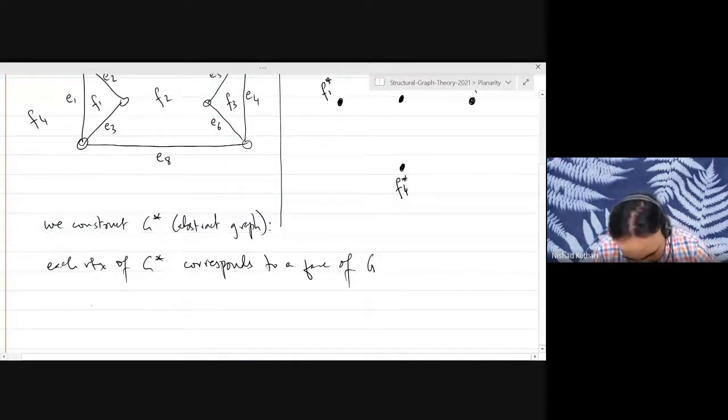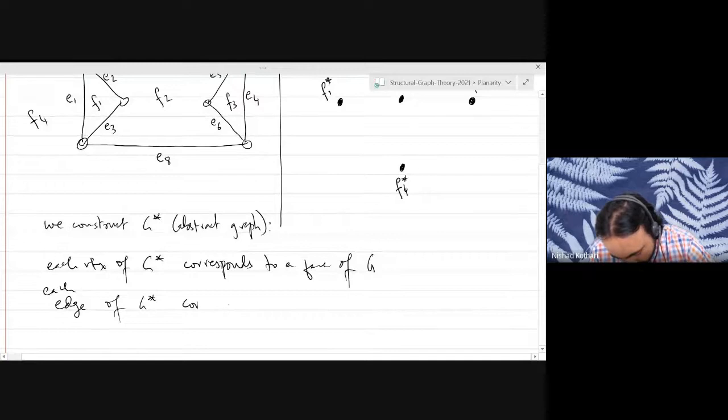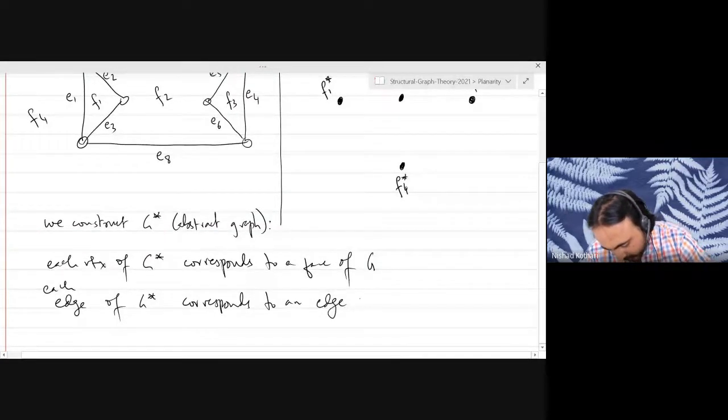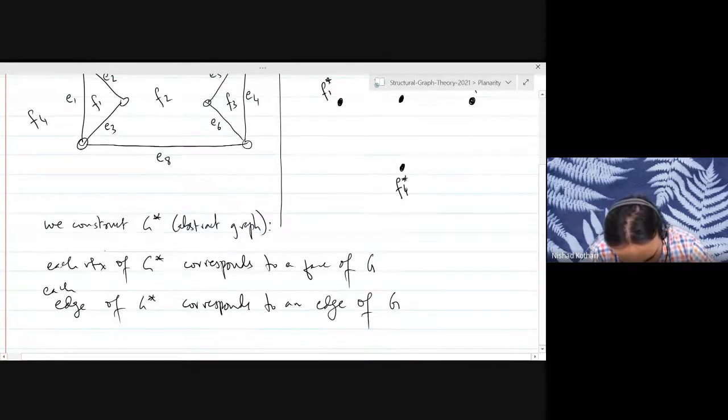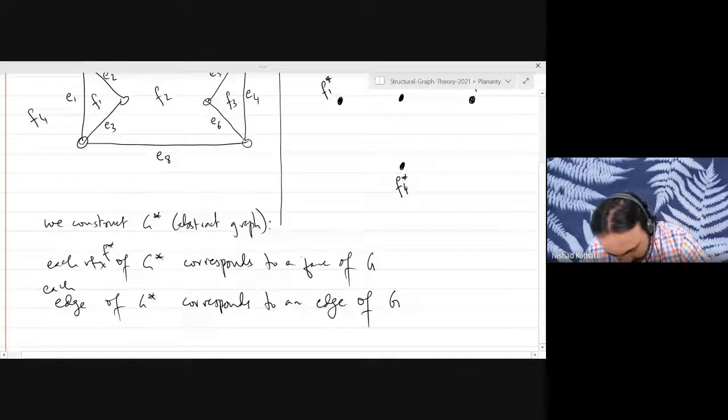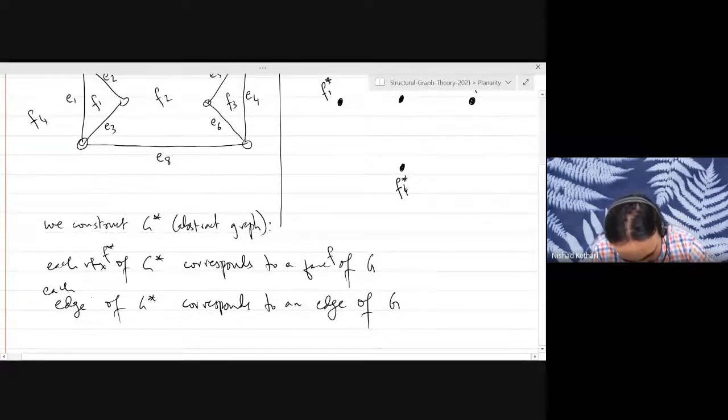So each edge of G star corresponds to an edge of the original graph G. We will say vertex F star corresponds to a face F, and edge E star corresponds to an edge E.